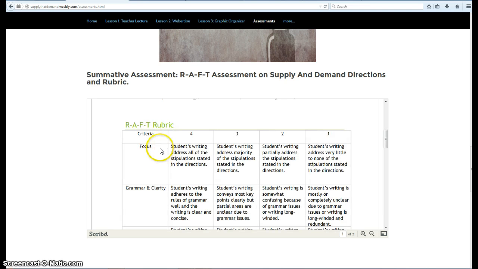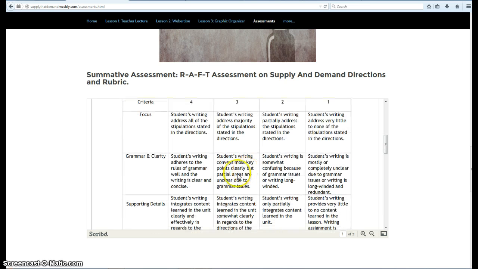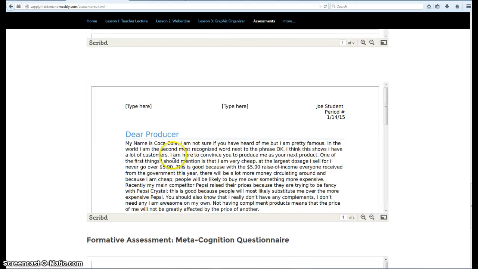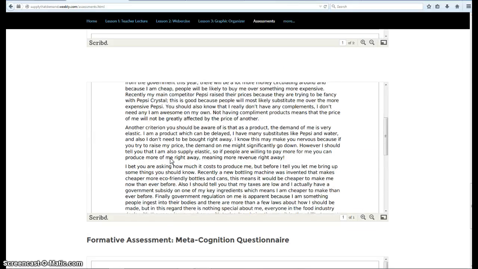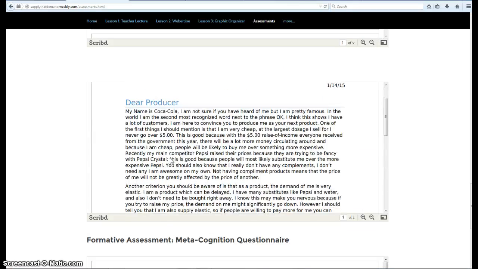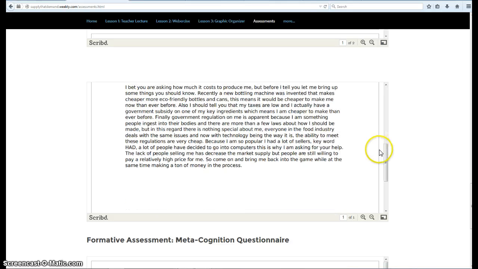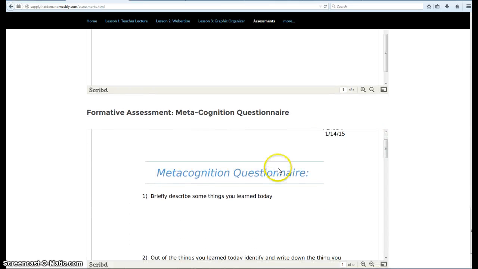And then here I show them a rubric of what I'm looking for. And then below is an example. It's roughly a page, three paragraphs long. This product is, my name is Coca-Cola. And I'm not sure if you've heard of me, but I'm pretty famous. Again, I want them to have fun with it, but at the same time incorporate all the concepts they've learned and really get a sense of what's going on.